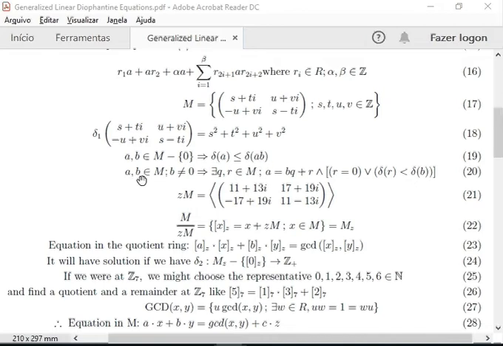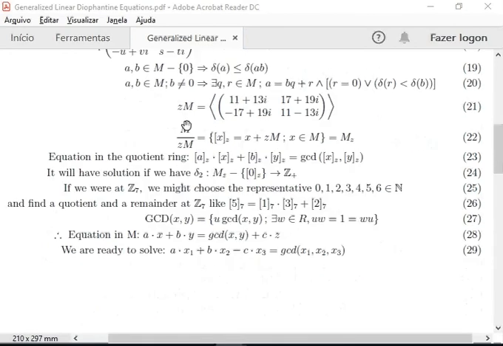Whenever a and b are in M, b is not 0, we have a quotient and a remainder in M by the Euclidean division algorithm of centuries before Christ. a is equal to bq plus r. The remainder is 0, or the delta of the remainder is less than the delta of the divisor.